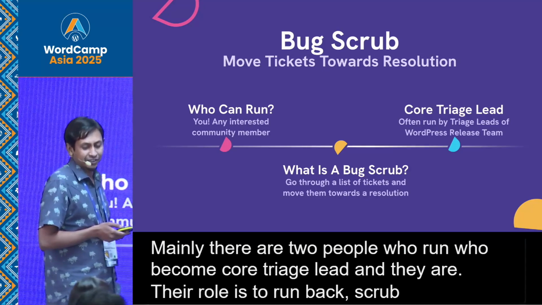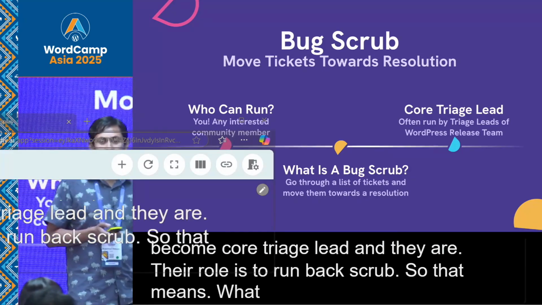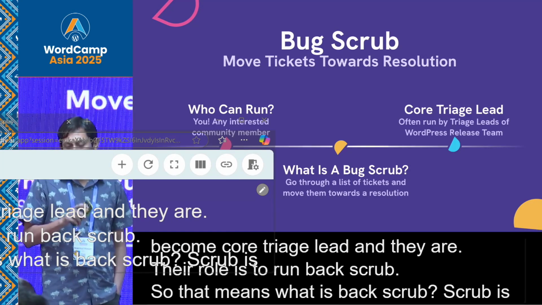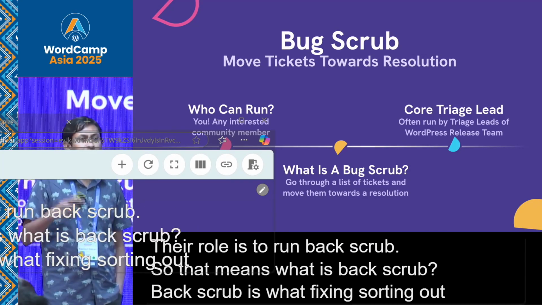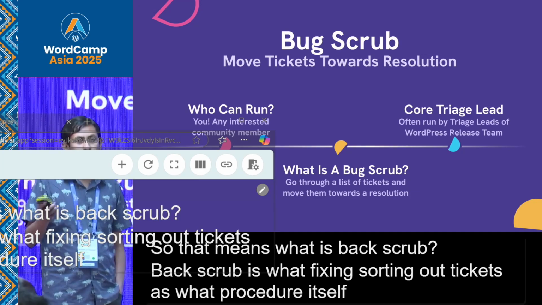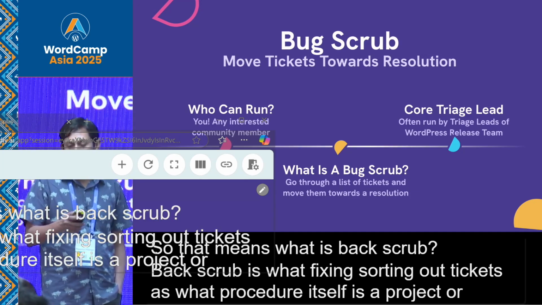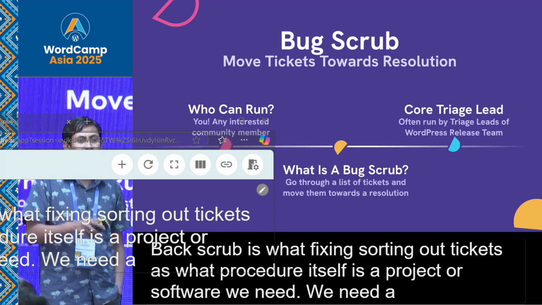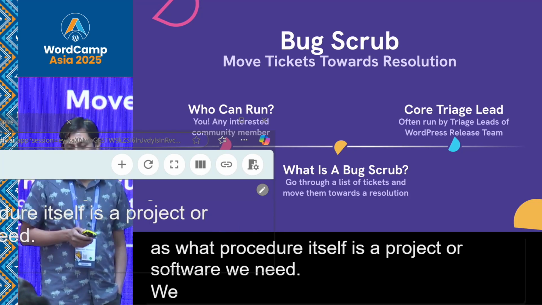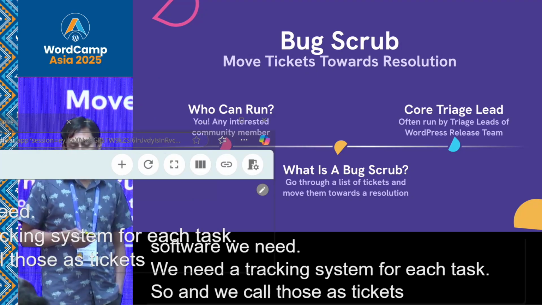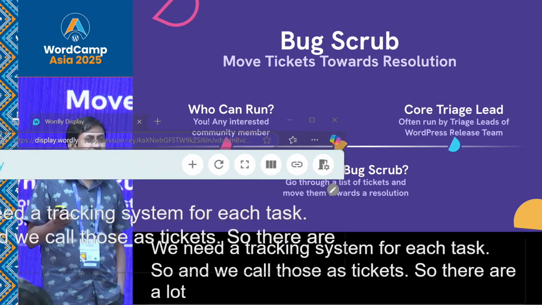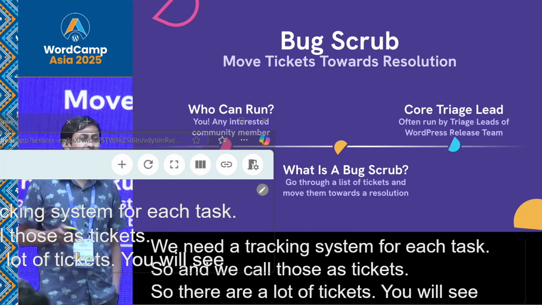So what is bug scrub? Bug scrub is sorting out tickets. As WordPress itself is a project or software, we need a tracking system for each task, and we call those tickets. There are a lot of tickets you will see that are 12, 15 years old.